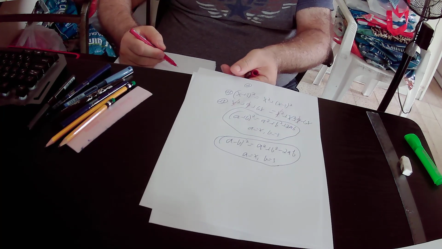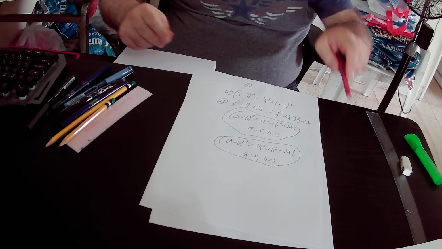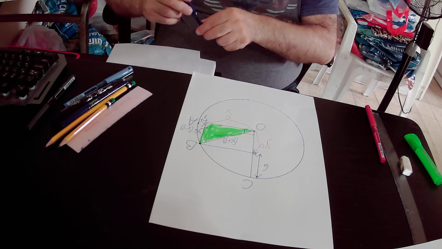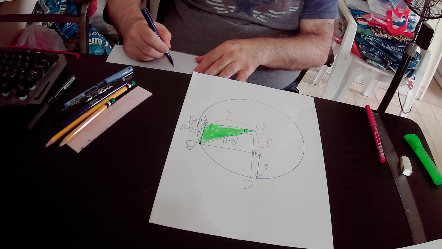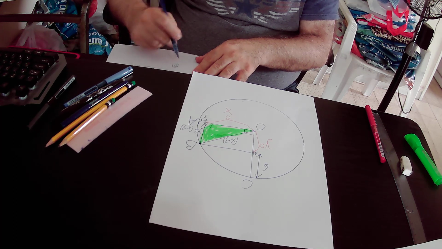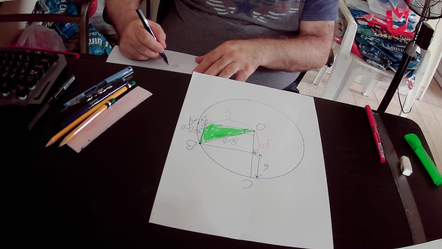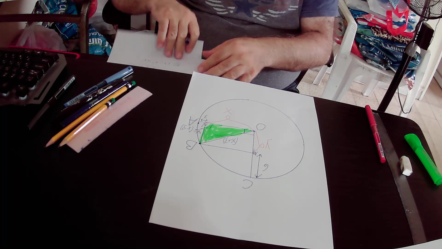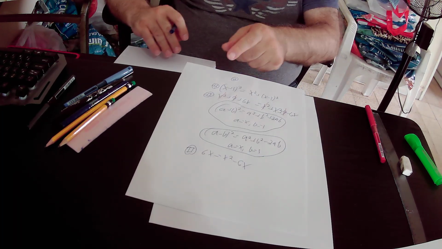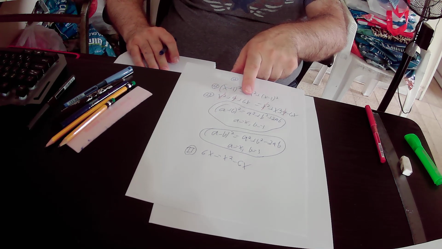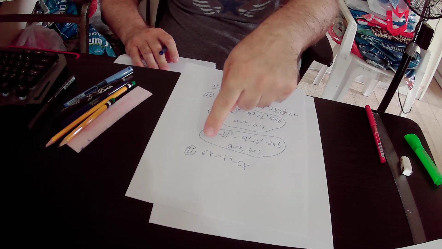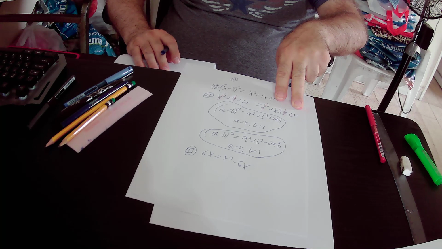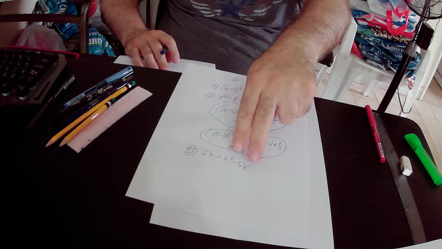What is left from equation number 2 is 6x on this side, and x squared minus 6x on the other side.